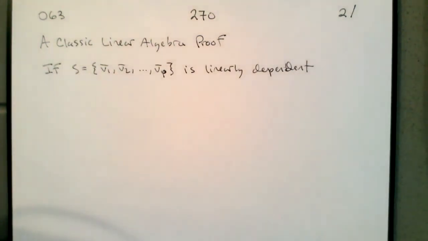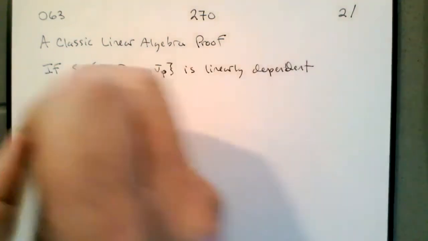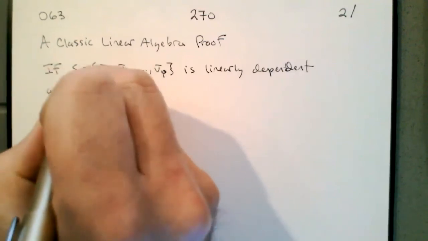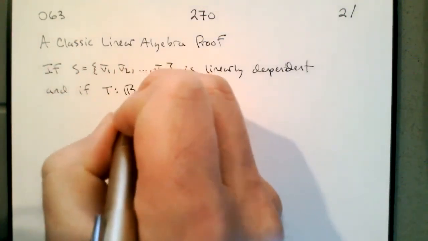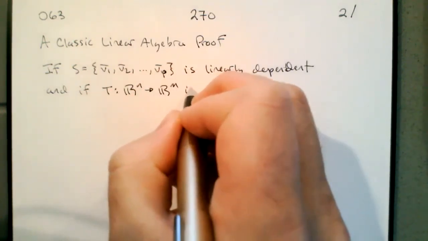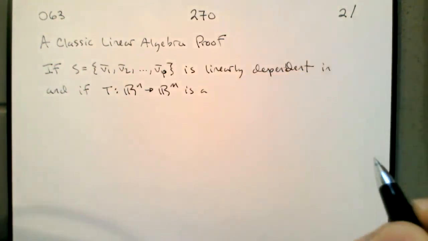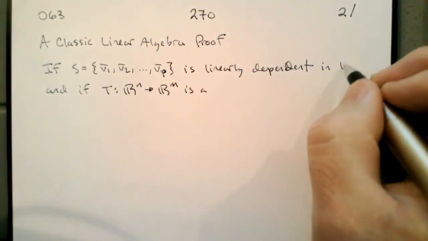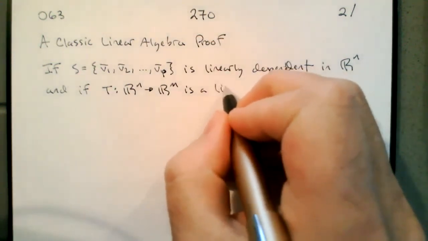Let's suppose that we start off with a linearly dependent set of vectors S in Rn, and T maps Rn to Rm is a linear transformation.